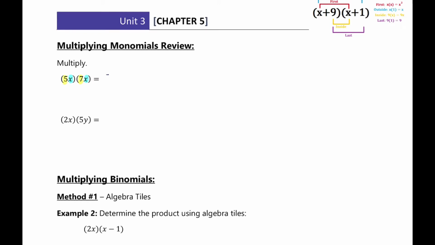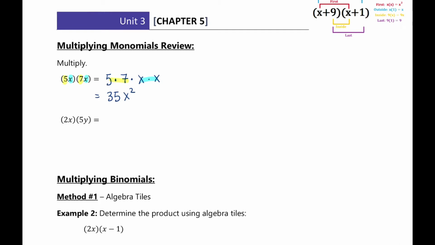So this would be 5 times 7 times x times x. This is just 5 times 7 is 35, and x times x is x squared. Notice that we can only multiply the coefficients together and variables together.